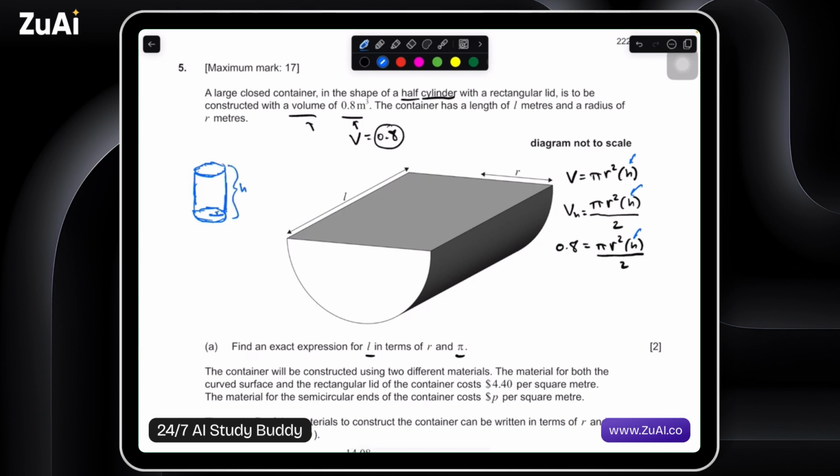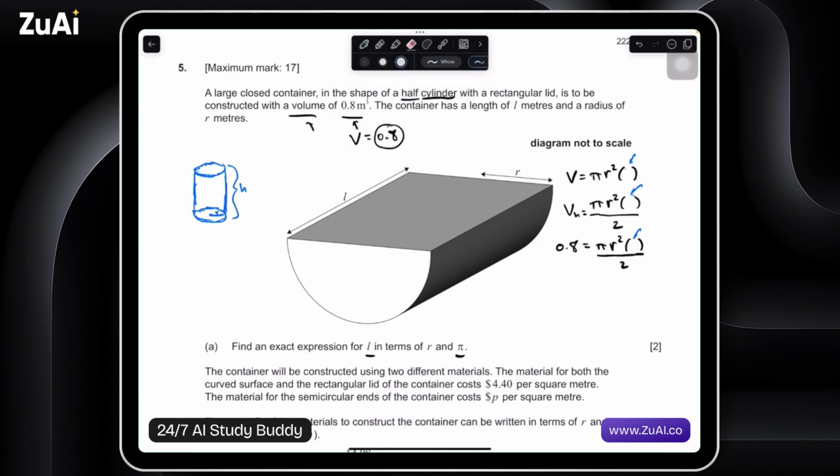And all we've done for this cylinder is lay it on its side and cut it in half. So the distance from the bottom to the top of the cylinder, when it's on its base right here, is the height. But if we lay it on its side, then now this becomes the length. So the height of the cylinder essentially is L. So let's go ahead and write that in.